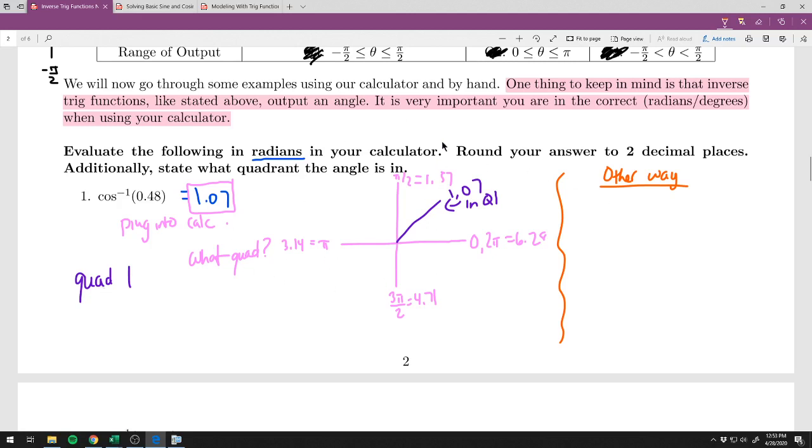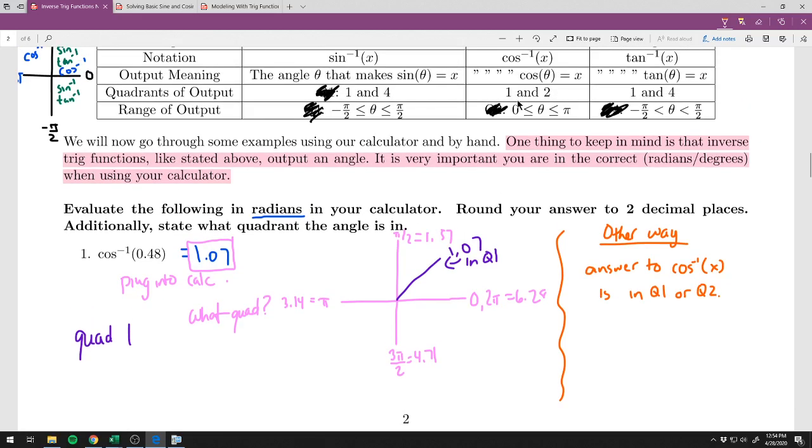This just requires us to use some old knowledge, which is kind of nice. It builds on what we've done. The other way is that we know the answer to cosine inverse of anything is in quadrant 1 or 2. Right, that comes from our chart up here.